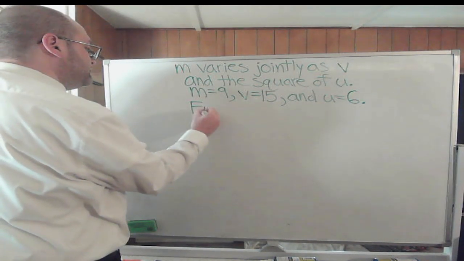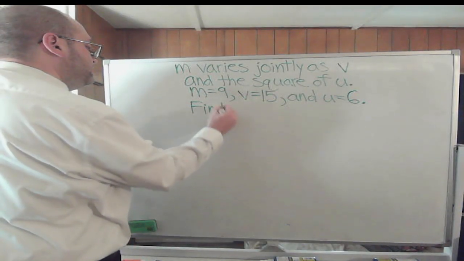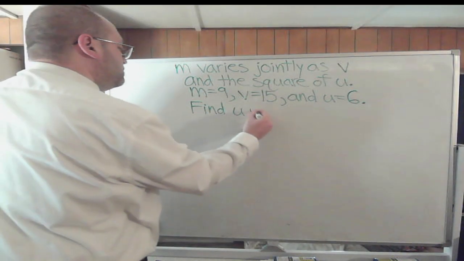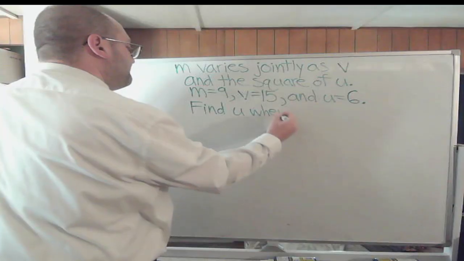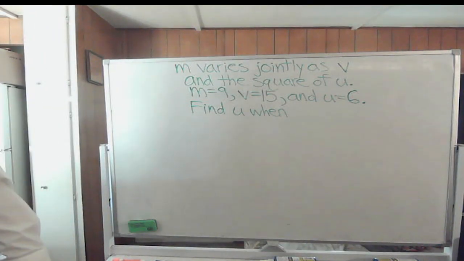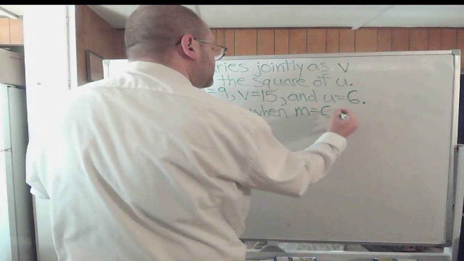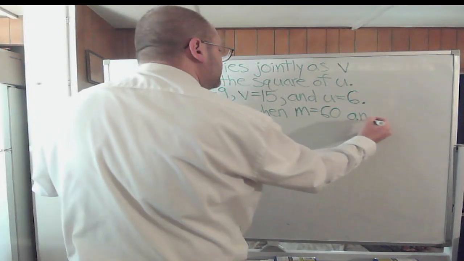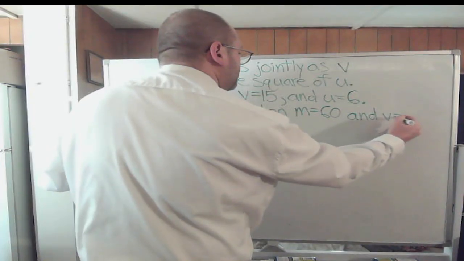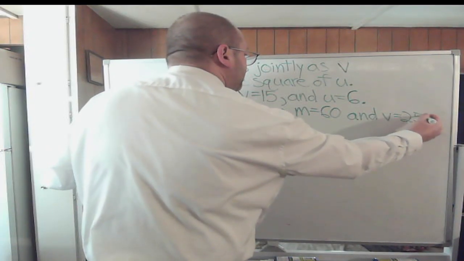Find U when M equals 60 and V equals 25.